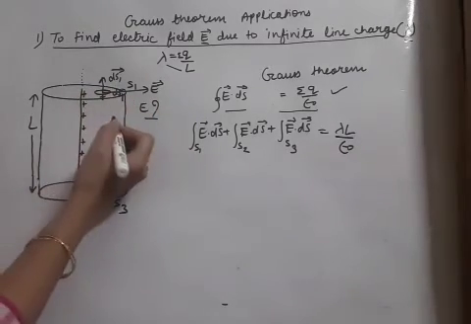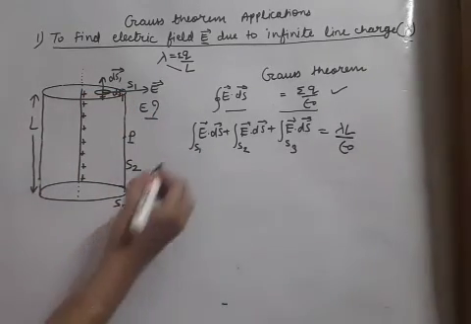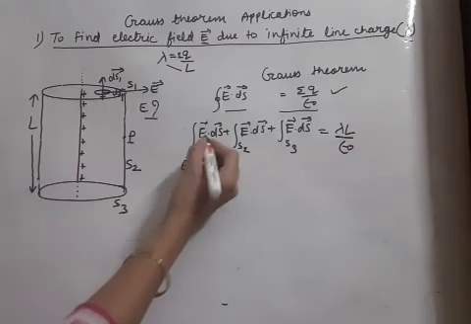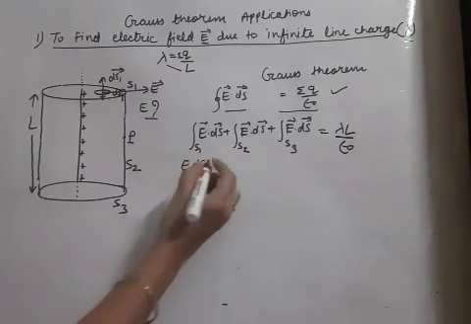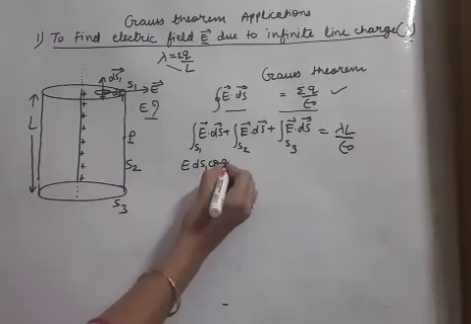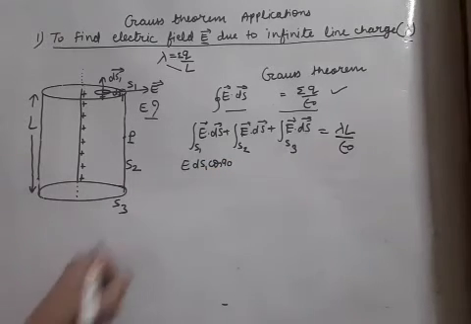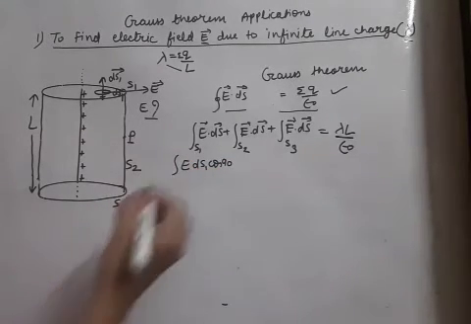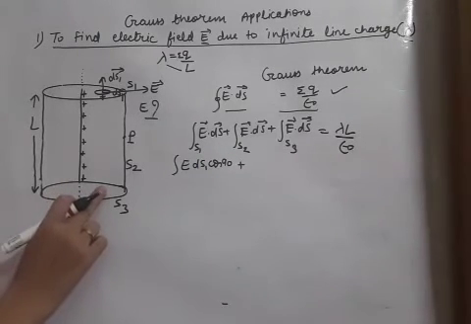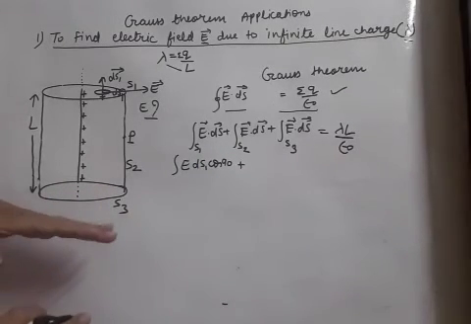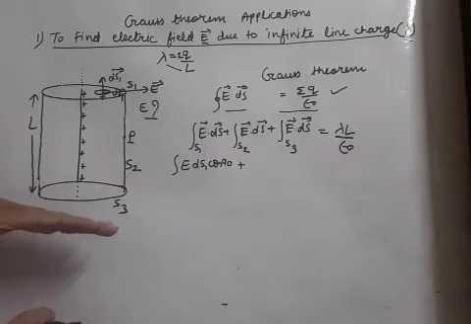That is useful. The angle is 90 degree. So we will open this scalar product: E ds1 cos 90, with the integration sign.